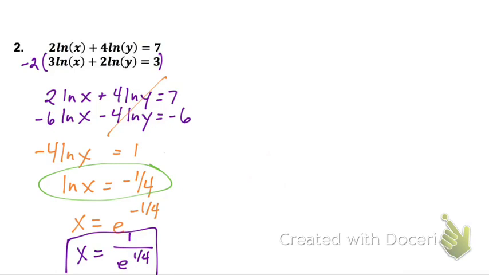Now I want to solve for y, so we can put it in the top equation. I would say that's the hardest part, just solving for y. So 2 ln of 1 over e to the 1/4 plus 4 ln y equals 7.